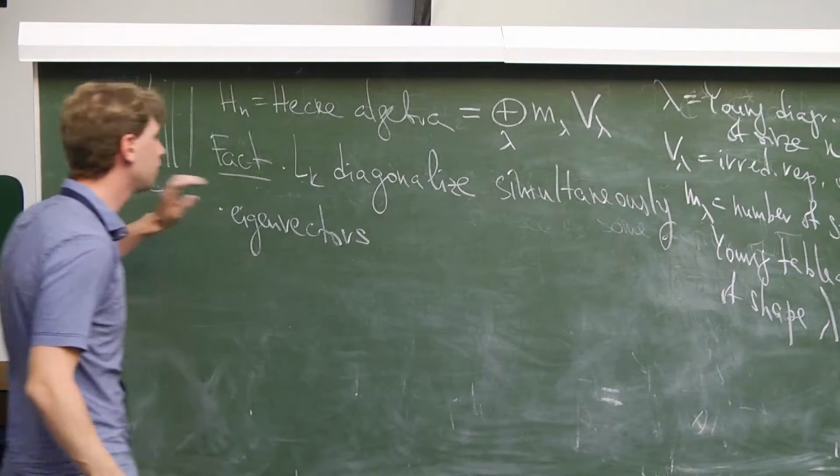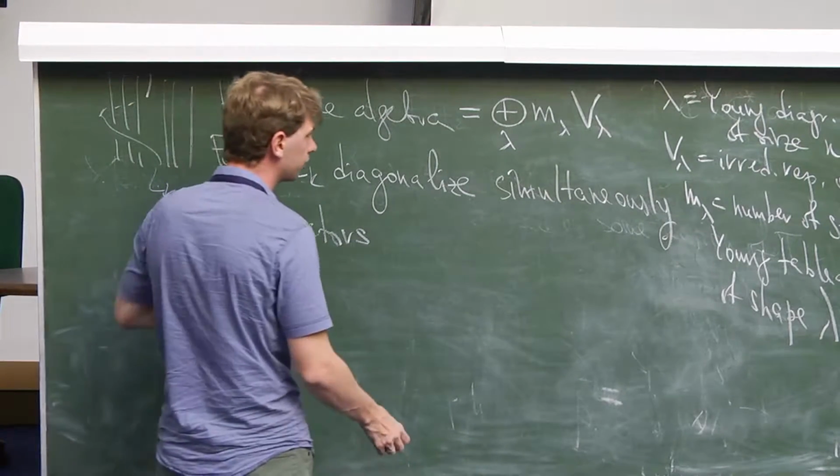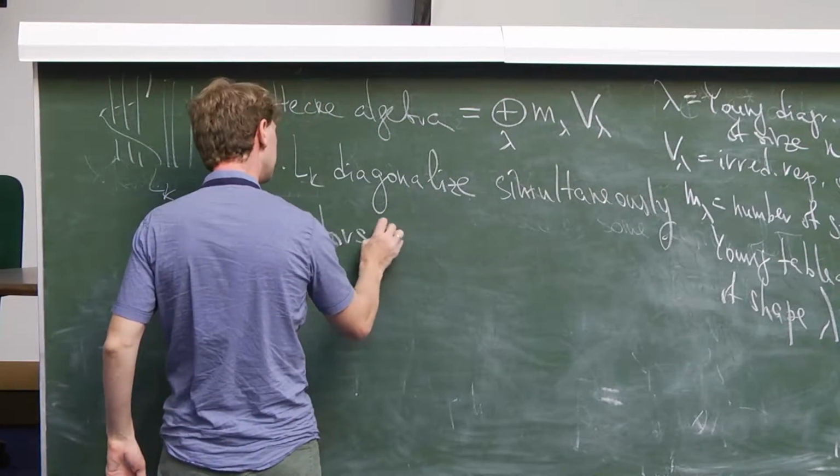And so the L_k diagonalize simultaneously, and the eigenvectors are projectors to irreducible representations.